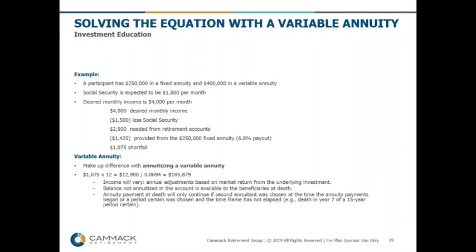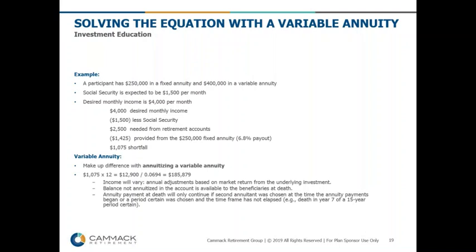So you're basically telling the insurance company, I want an annuity on this amount of money. So in year one, we calculated the payout to be $1,075 for that amount. It says income will vary, annual adjustments based on market return of the underlying investment.